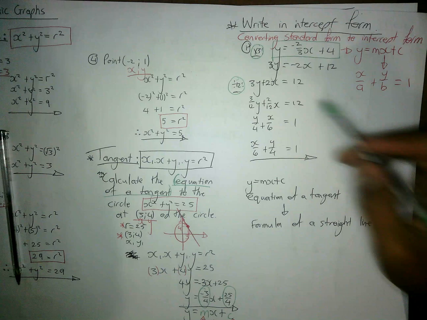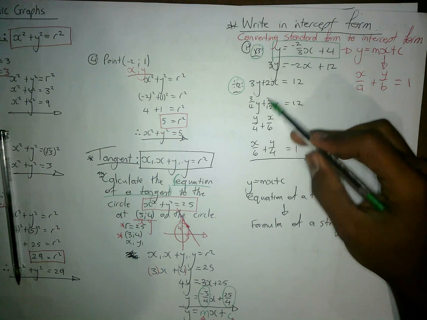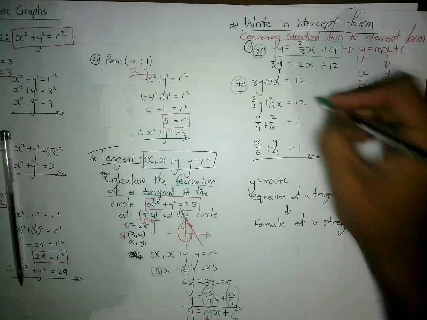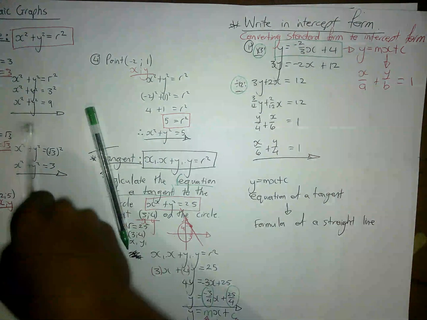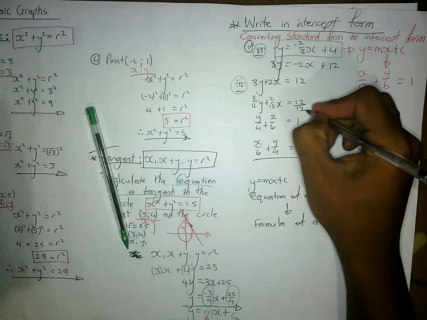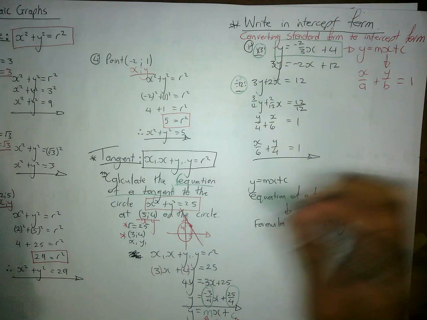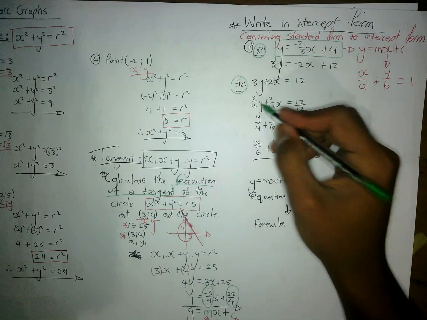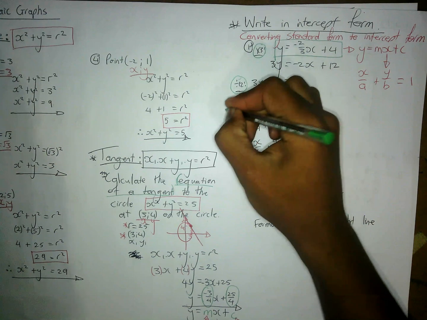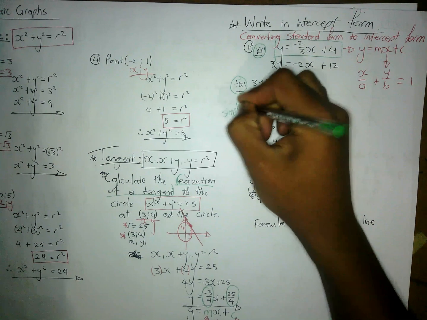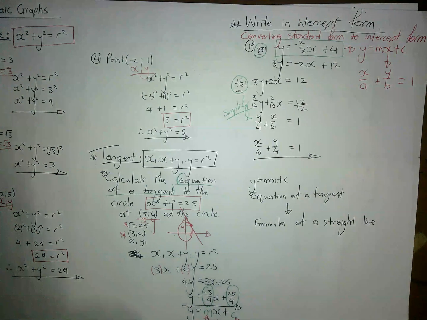So here we get over 12, and that should also be over 12. Then all I did here is simplify.